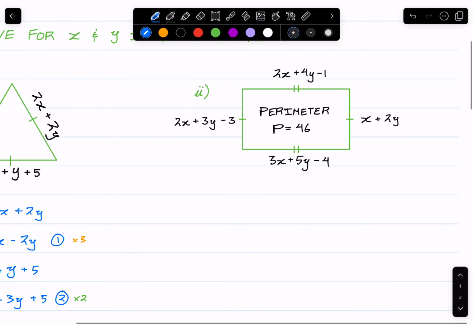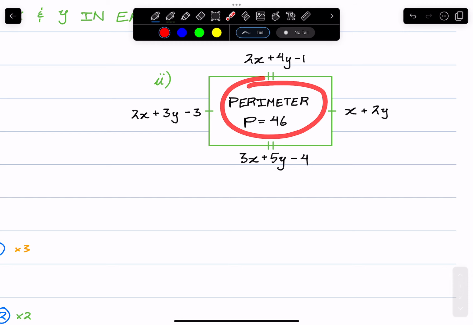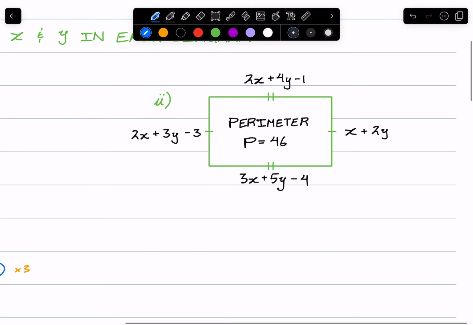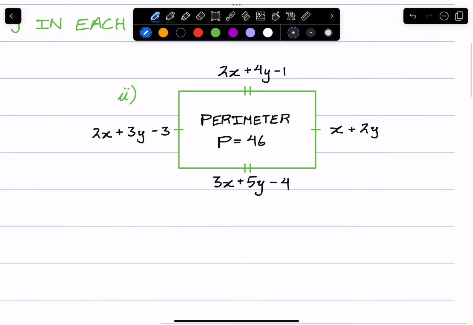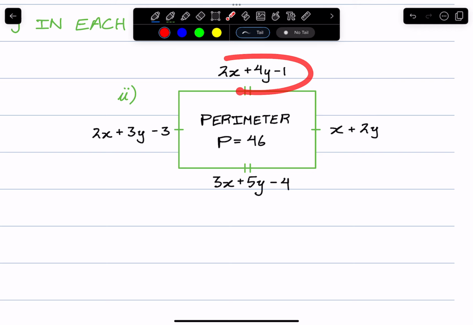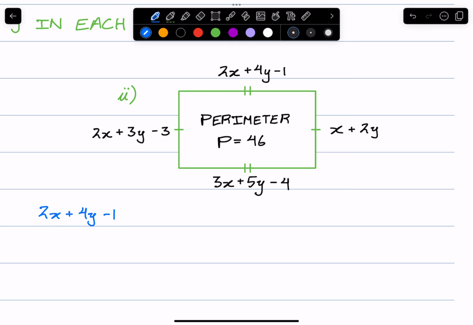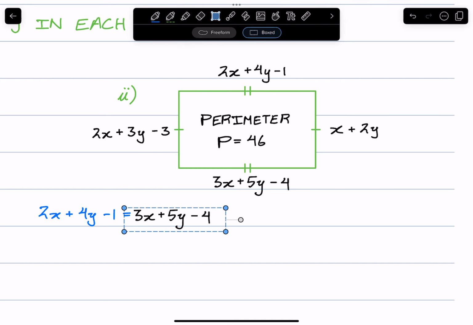You'll notice that there's an interesting reason as to why I would put the perimeter must equal 46. So here we go. For this one, the exact same way, since the sides are equal, we can let these two equal one another. So 2x plus 4y minus 1 must be equal to this side.